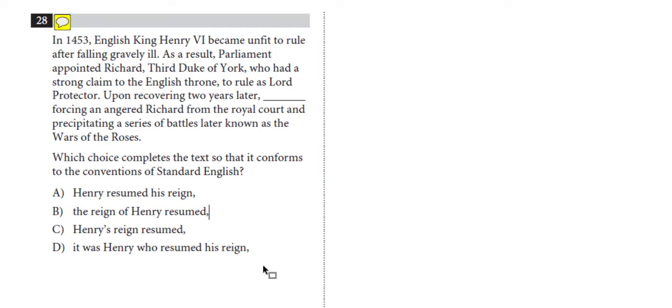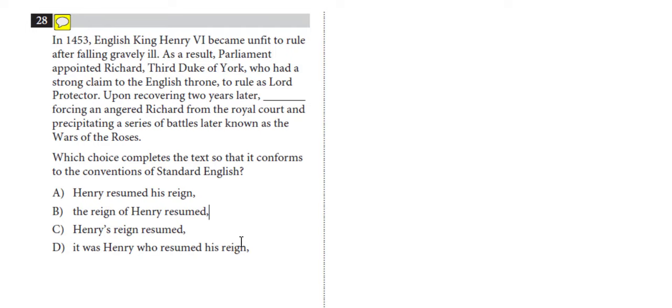So I have two things to say about the answer choices here. The first is that every single answer choice has relatively many words. And all of them express the same idea but in different arrangements of the words. All of them contain the same piece of information that Henry resumed his reign.